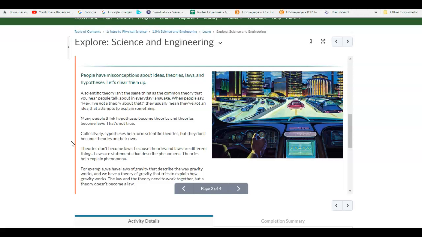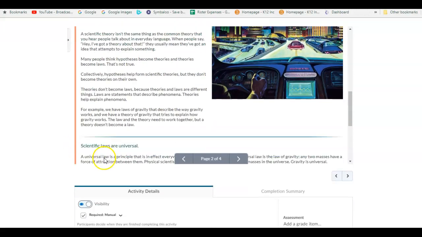Theories don't become laws because theories and laws are different things. Laws are statements that describe phenomena. Theories help explain phenomena. For example, and gravity is always a great example, we have laws of gravity that describe the way gravity works. And we have a theory of gravity that tries to explain how gravity works. The law and theory need to work together, but a theory doesn't become a law.